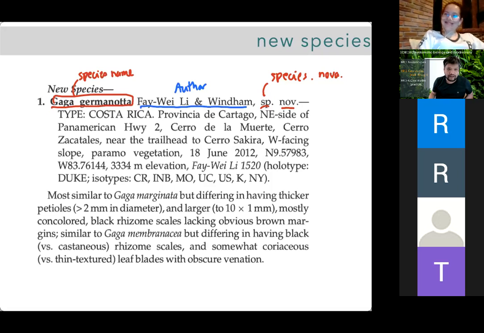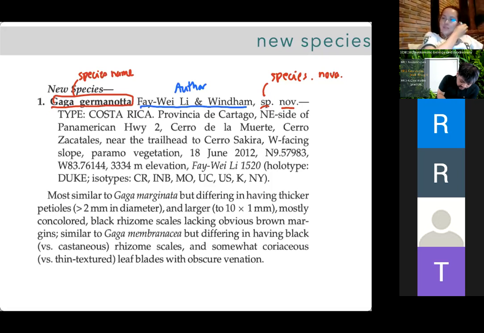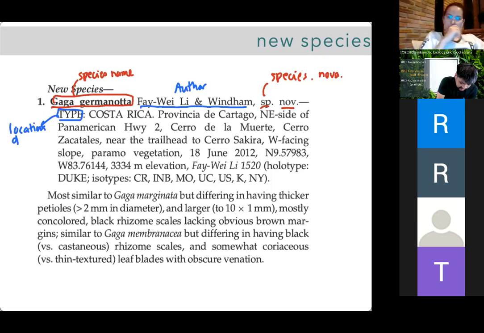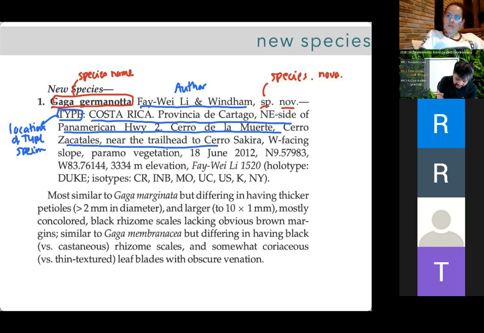However you want. And you have to tell where the type specimen comes from: the location of the type specimen. The rest of this is the description of where the type specimen comes from: Costa Rica, province of Cartago, and so on, collected on June 18, 2012.